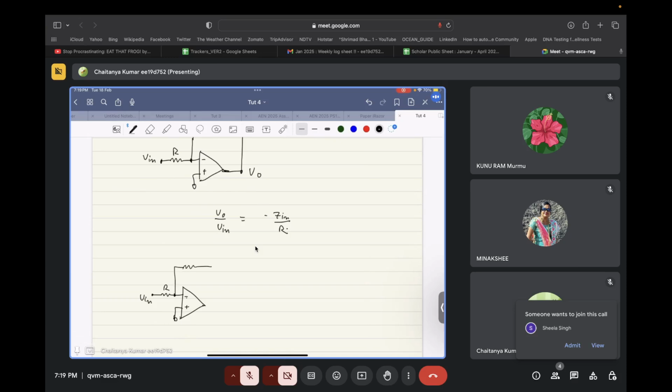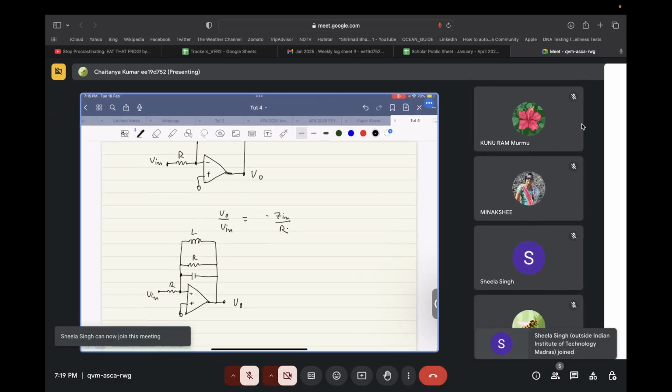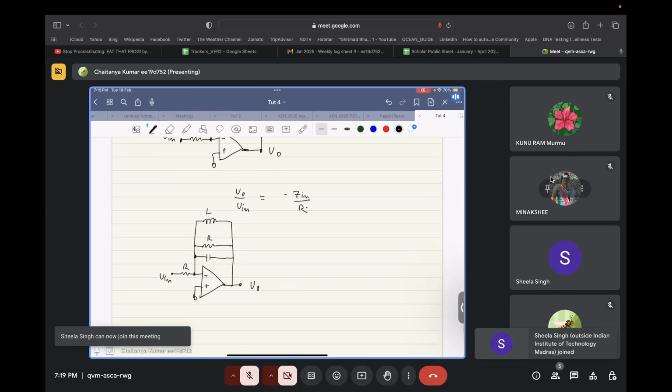So we have this resistance over here, an inductance L, and a capacitance C, right? And then we take the output here as V0. So this is how the circuit will look.